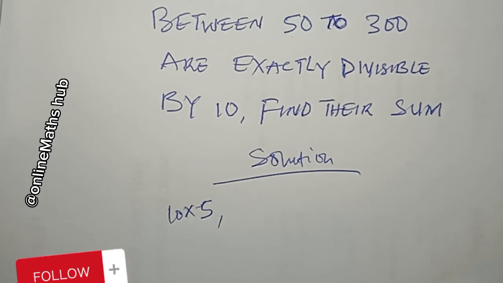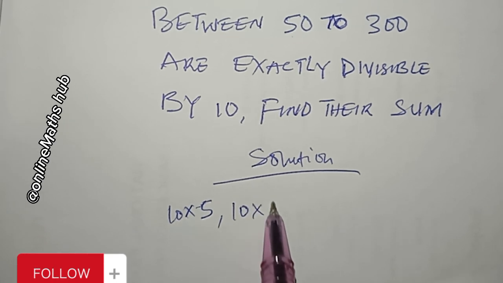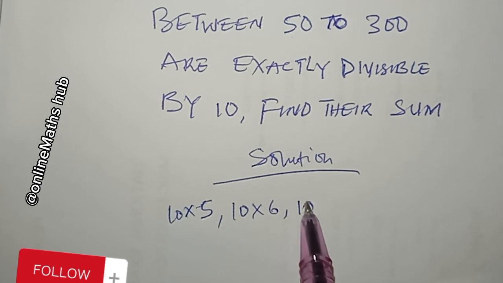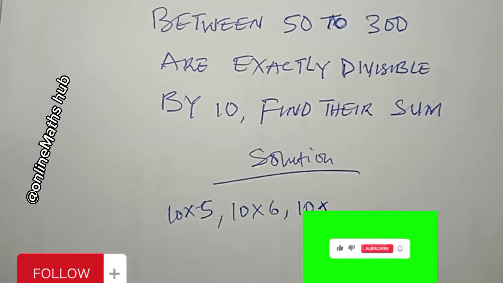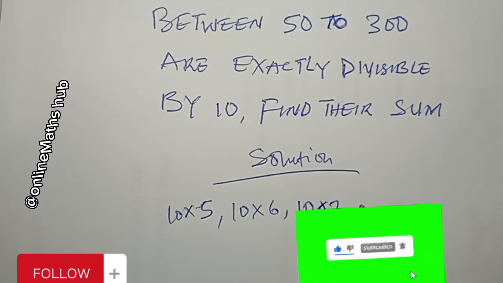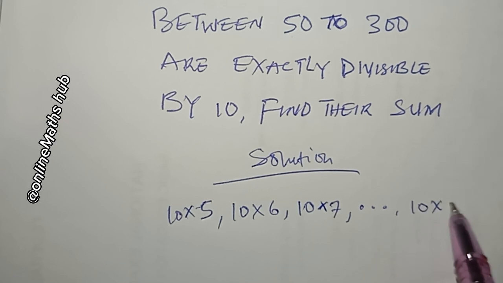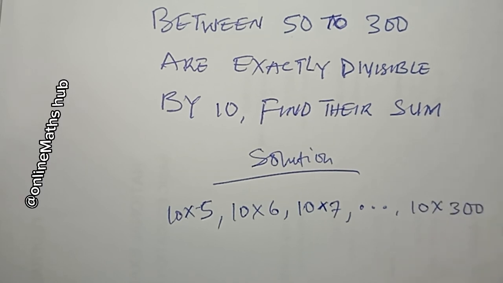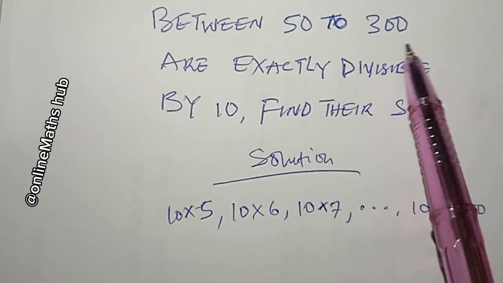That's actually going to be the first number, and then the next one is 10 times 6. So this is how numbers divisible by 10 between 50 to 300 look like. And of course this continues till 10 times 30, and that's actually going to be the last number that is divisible by 10 between 50 and then 300.